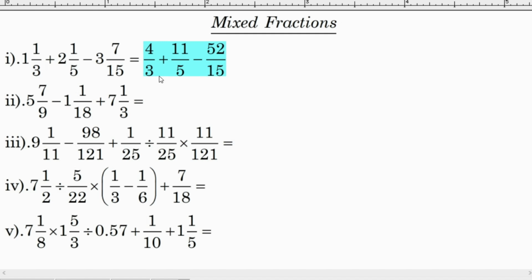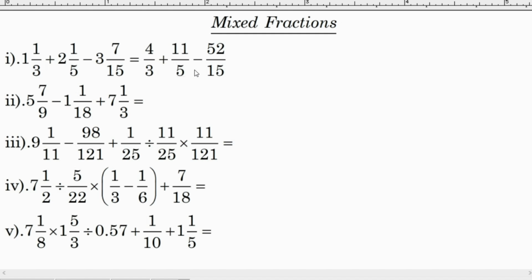Now we have to calculate the normal fractions by finding the same denominators. It means we have to find the common denominator for these 3 fractions. We have 3, 5 and 15. 3 multiplied by 5 equals 15, and 5 multiplied by 3 equals 15.